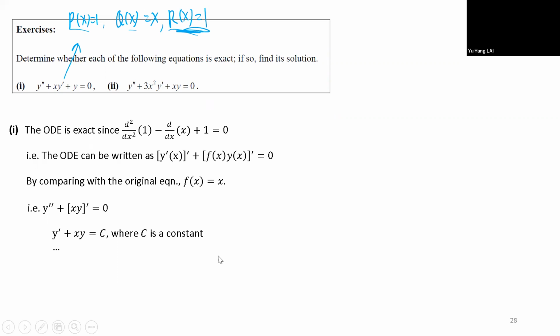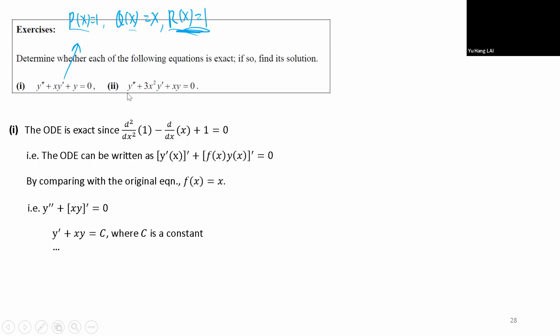So this equation itself can be written in this form. And because these two are both derivatives, you just do direct integration and eliminate one derivative. Now you have y prime plus xy equals some constant. So this just becomes a first order ODE, and you know how to solve it.